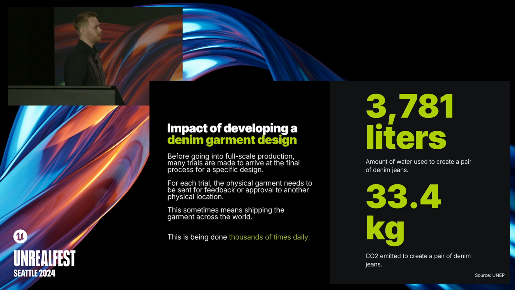You send back the feedback, they create some new ones. Maybe you got the laser design a little bit incorrect, so you need to do it all over again. So yeah, this is being done globally, probably thousands of times over the entire fashion industry. So we obviously don't want that.